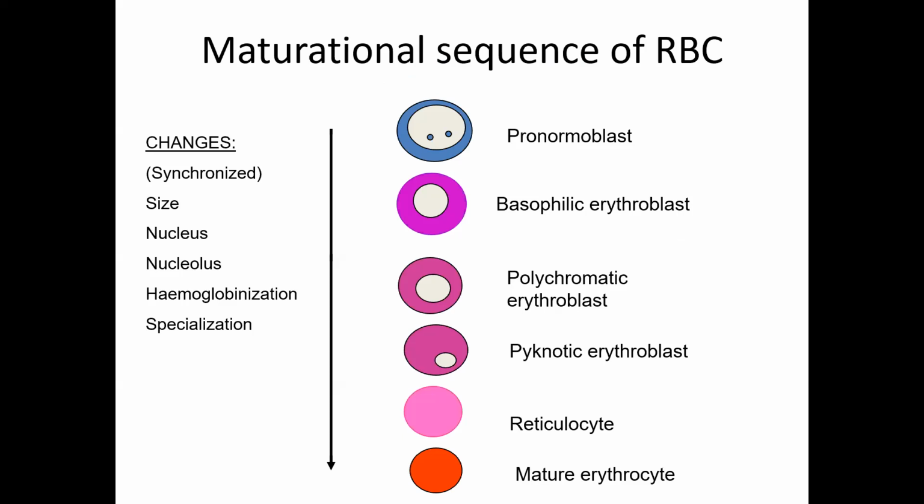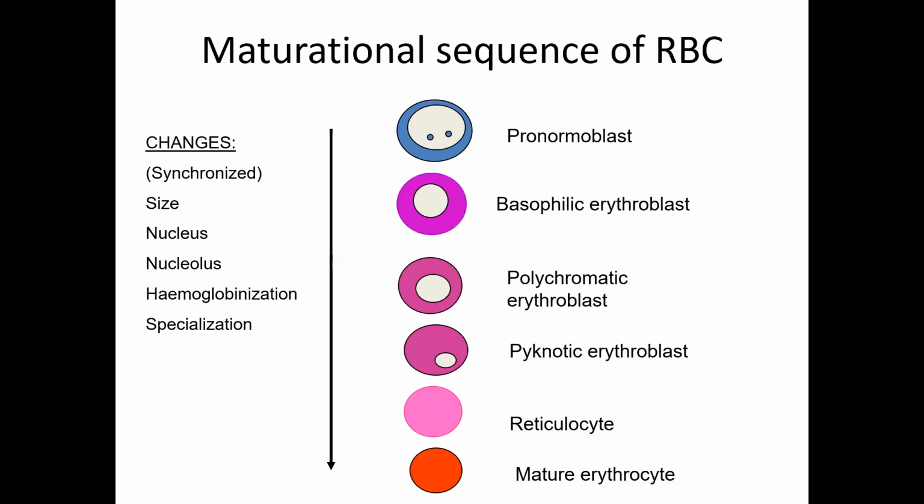So if we can remind ourselves of the maturational sequence of the red cell, you've already gone through hemopoiesis, but this is to emphasize, if you look on the left side of this chart, these changes as the red cell matures are synchronized. That means that they occur in a very coordinated manner.